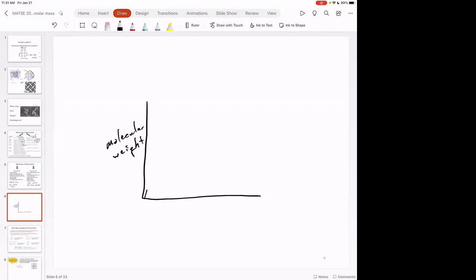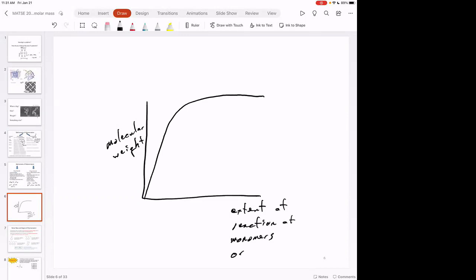And so I'm going to get molecular weight as a function of extent of reaction of monomers, or conversion. So extent of reaction of monomers of 0 means I have all monomer.